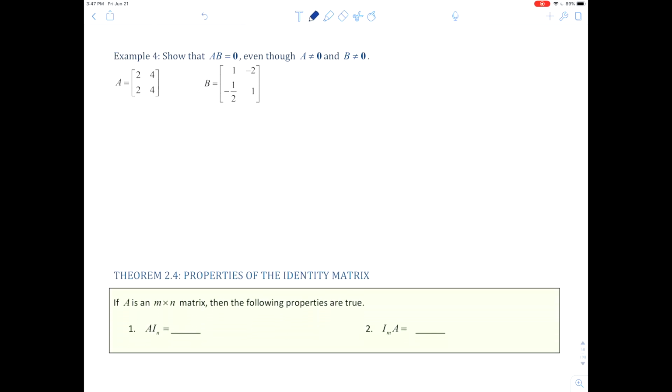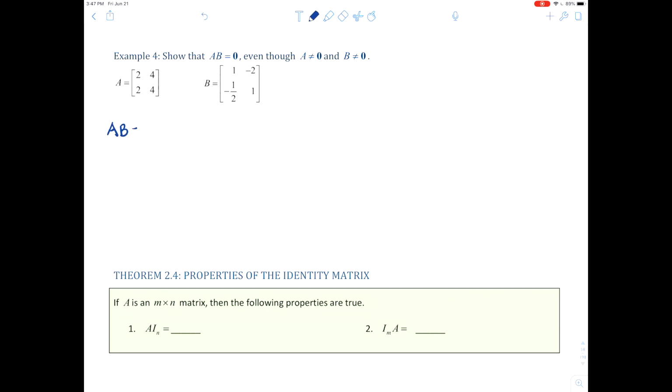Another one where I'm getting you to believe things by working things out. So show that A times B equals the zero matrix, even though A is not equal to the zero matrix and B is not equal to the zero matrix. So here we go. Let's do it.